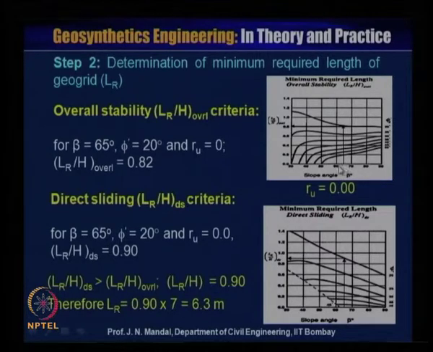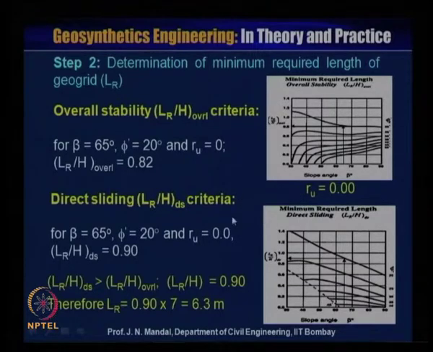So, here beta is equal to 65 degree, and you move up, this is phi equal to 20 degree, and then you move horizontally, you can get LR by H. So, LR by H, that is the minimum length you can calculate for overall stability, is equal to 0.82. So, we calculate the LR by H for overall stability as 0.82 from this design chart when Ru is equal to 0.